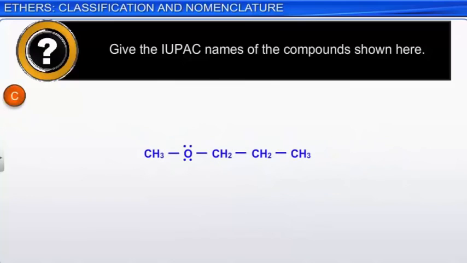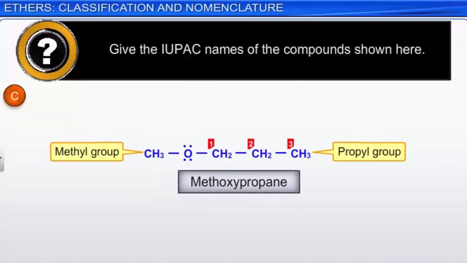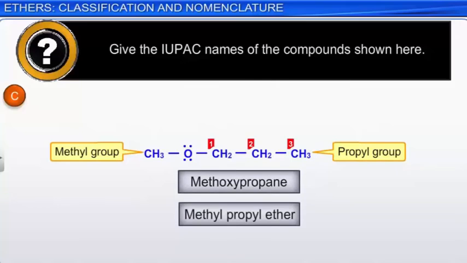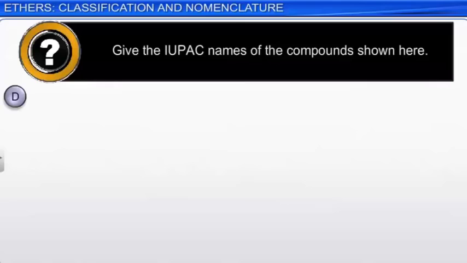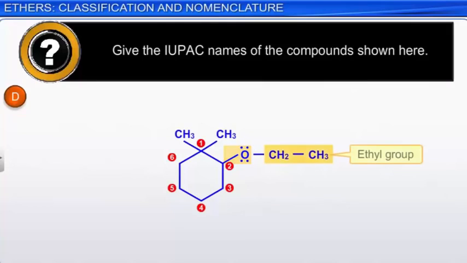Molecule C contains a methyl group and a propyl group. Since the longer chain has 3 carbons, molecule C is named methoxypropane. Its common name would be methyl propyl ether. Molecule D has a 6-carbon substituted alicyclic chain with an ether linkage attached to the ethyl group at carbon 2 as shown.